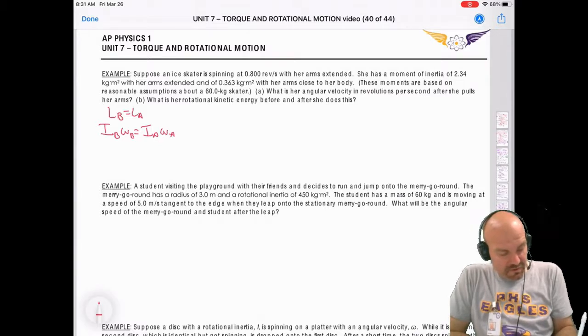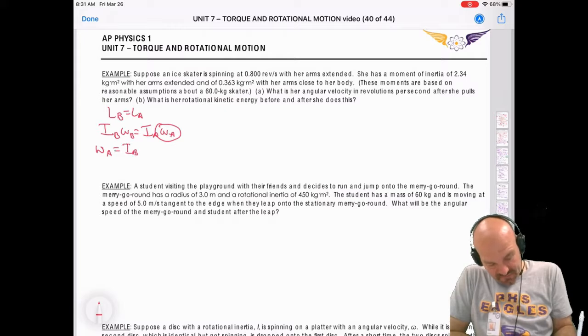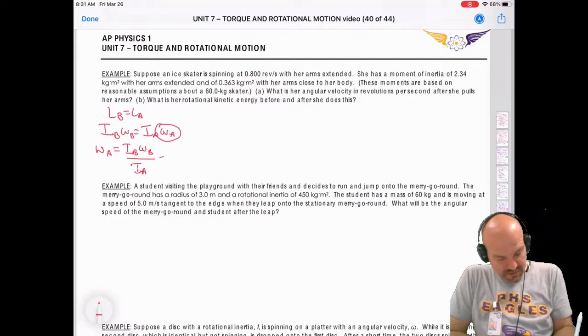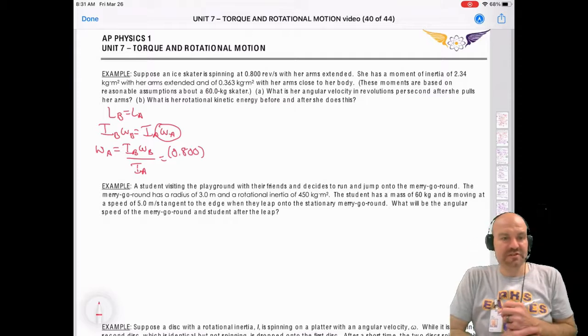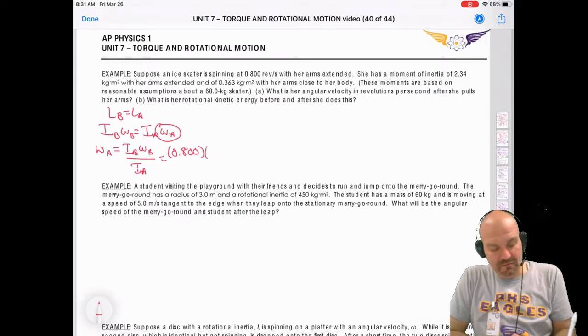Okay. And so we're looking for omega after. So omega after will be I before omega before over I after. Okay. All we're going to do is divide the after before. And so for right now, we're going to keep it in 0.800 revolutions per second, but we're going to have to convert it for part B.